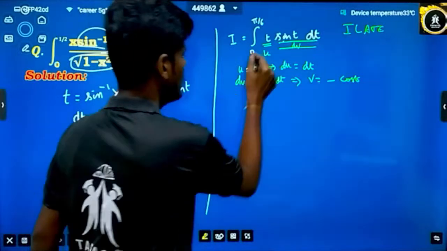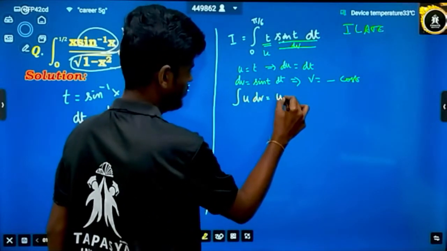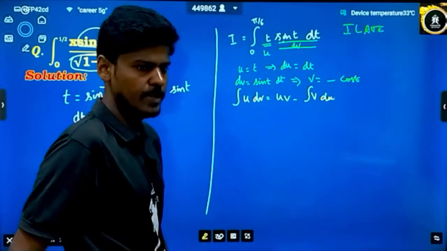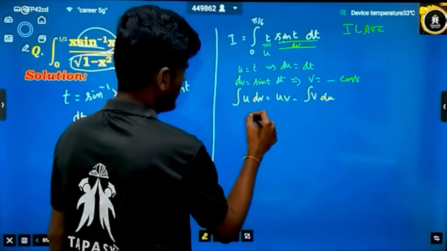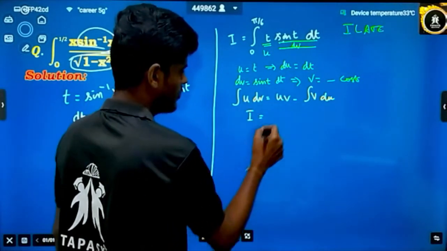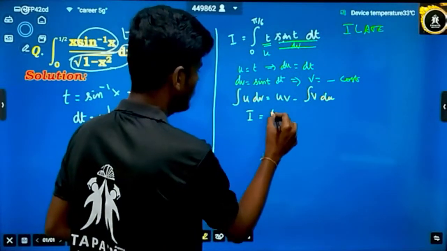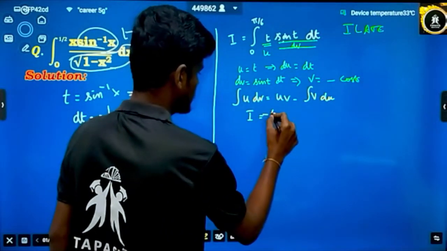Next what we need to do? Integral of u dv is equal to uv minus integral v du. This is the formula, and that is nothing but I is equal to u into v. What is u? t, into v is minus cos t.